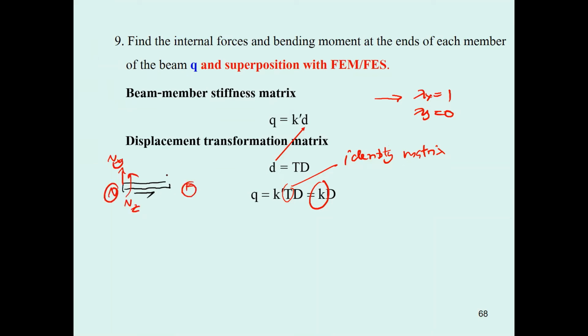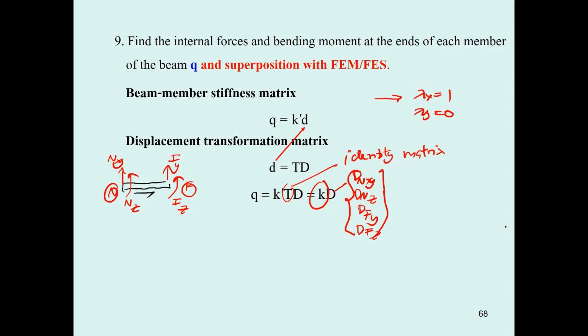For the far end, it's going to be F, Y, and F, Z. And then the D here will be D sub N, Y, D sub N, Z, D sub F, Y, and D sub F, Z.